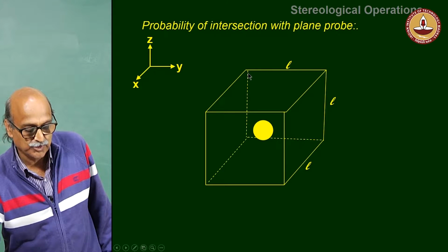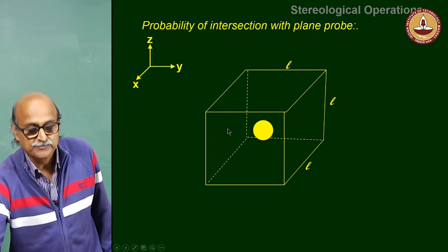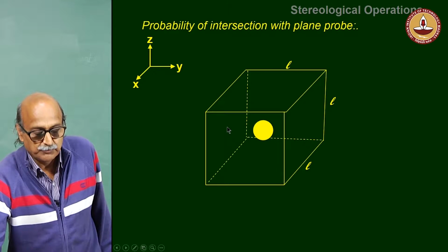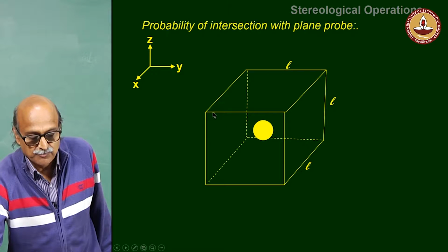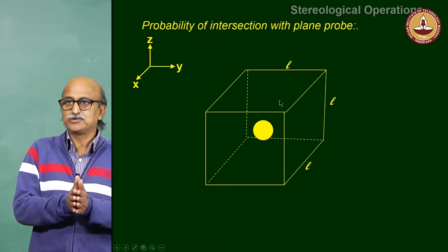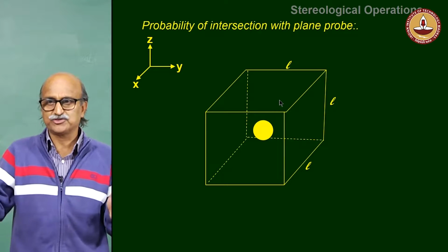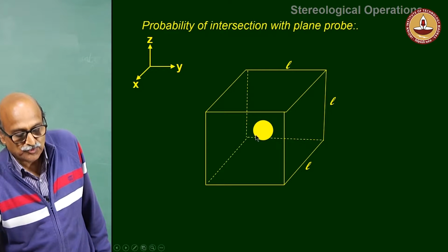That means we are talking about parallel to this side face of the cube. That probe can be positioned randomly along the y axis. So, what would be the probability?